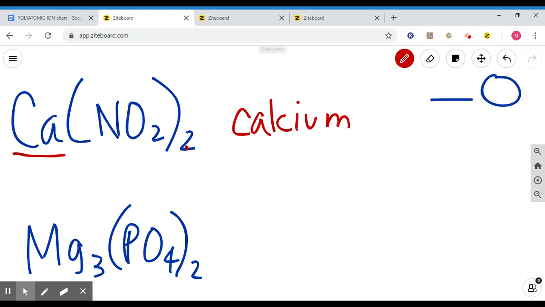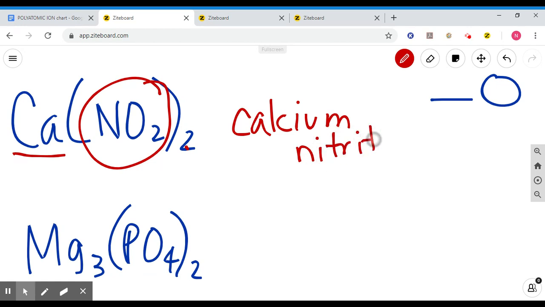We don't need to get caught up in all of that to write the formula. So NO2 is nitrite. Okay, so don't pay attention to what is in parentheses. All right, so don't get caught up in the crisscross kind of stuff.